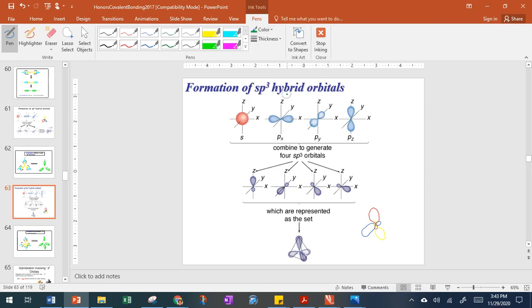And remember, this is like a three-dimensional shape here. So maybe that blue one's coming out at you, the yellow one's coming out at you, the green one's going away from you, and the red one's going up. So that's 4 hybrid orbitals, allowing us to get that tetrahedral shape.